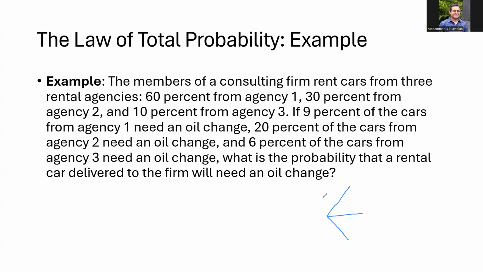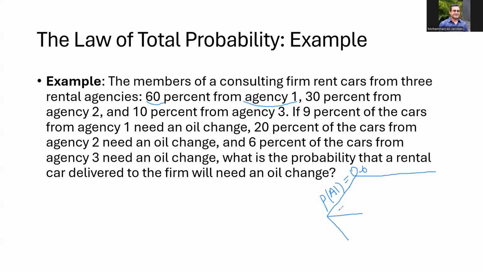Let's call them agency one. So I'm going to use A1. So P of A1 is 60%. So the number of cars rented from agency one is 60%. So P of A1 is 0.6. That's branch one.